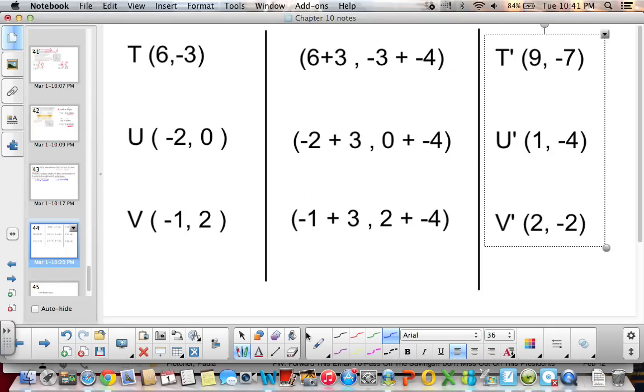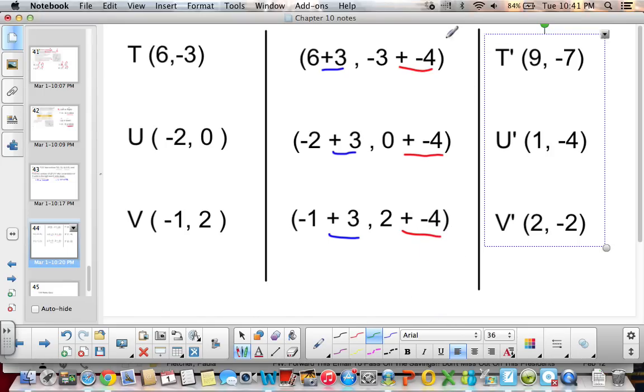So that is exactly what I did. So here's my original vertices, T, U, and V. I added 3 to each x value, and then I added -4, or you could subtract 4, same thing, to each y value.